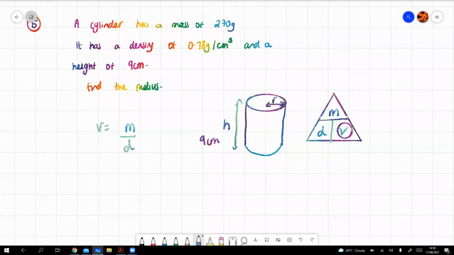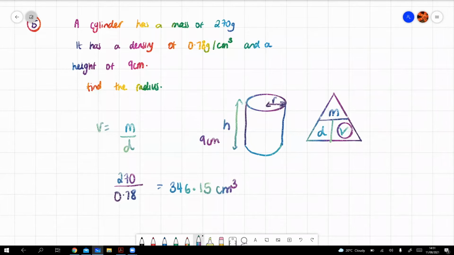My mass is 270 grams, and my density is 0.78 grams per centimeter cubed. So I can divide 270 by 0.78, and I end up with 346.15 centimeters cubed, rounded to 2 decimal places.